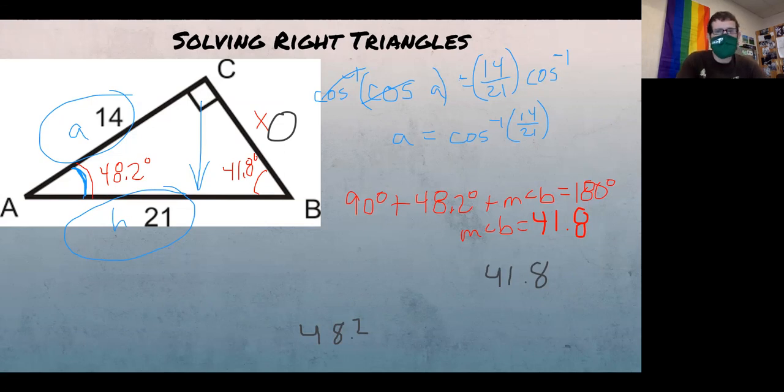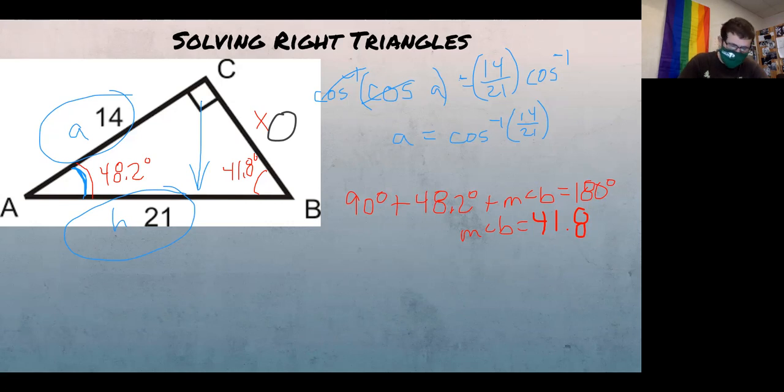Okay, so now let's figure out how we should solve for X. Or were you going to mention something? Okay, so what were you thinking for X? Set it up as sine 41.8 equals x over 21.